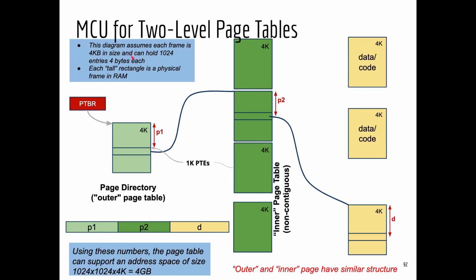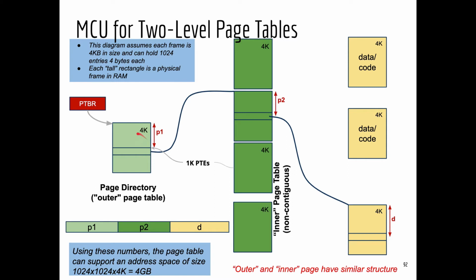In our diagram, we're going to assume that each frame in your RAM is a 4K byte frame, and we're going to assume again 4 bytes per page table entry. That means on each page we can store up to 1024 page table entries. The page table base register stores the address of the outer page table.